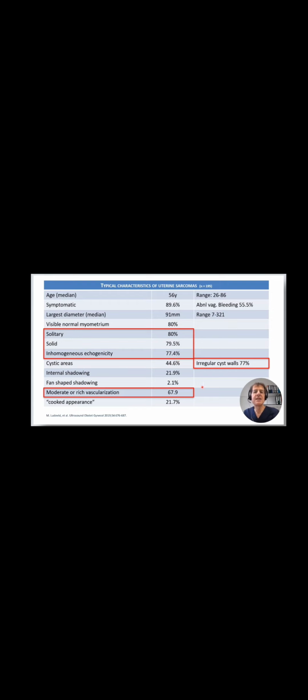Often you have cystic areas, and typically irregular cystic areas. Fan-shaped shadowing is rare in sarcomas. And often the sarcoma is highly vascularized, and the last feature they proposed was the cooked appearance.